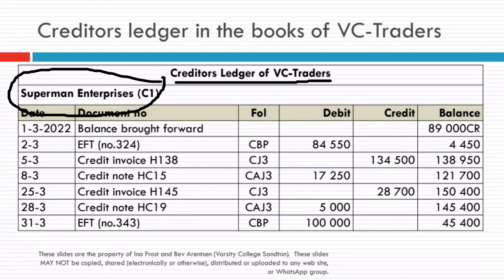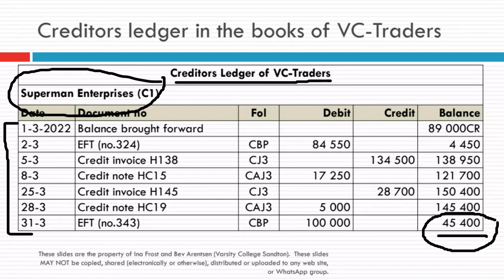It is for the month of March, and you can see they've had several transactions with the creditor. They've bought some stuff, they've made payments, and they've also returned some inventory. And at the end of the month, that is the balance, 45,400, which VC Traders are showing for this particular creditor.